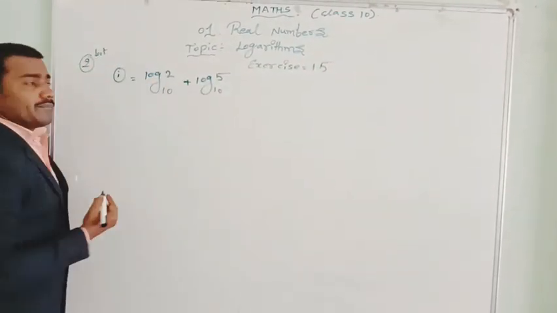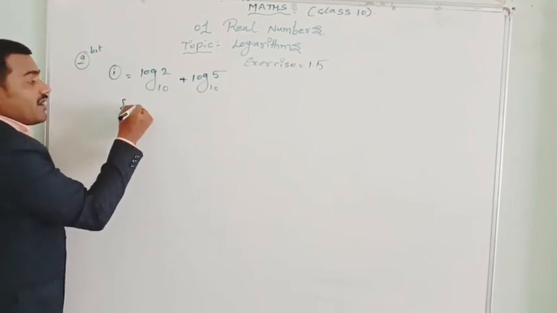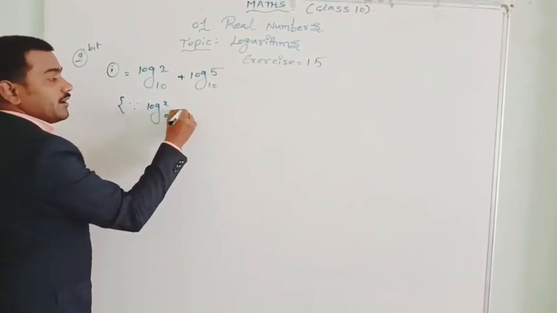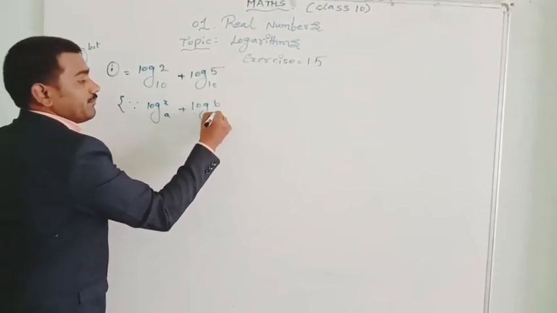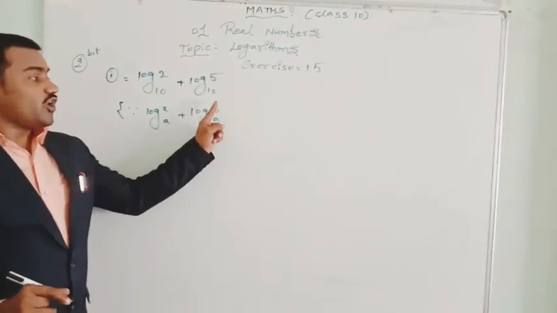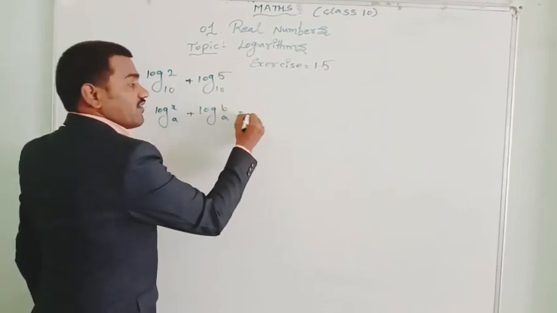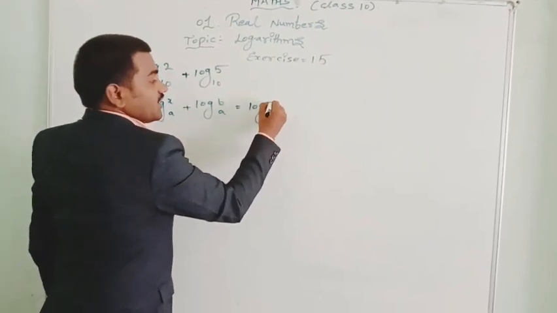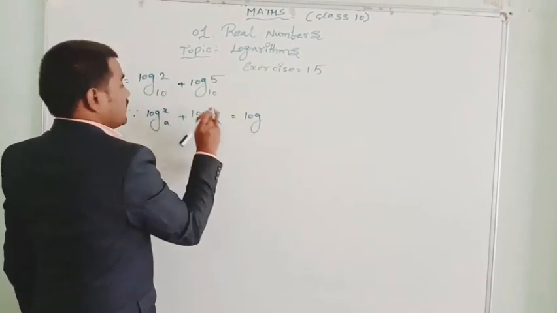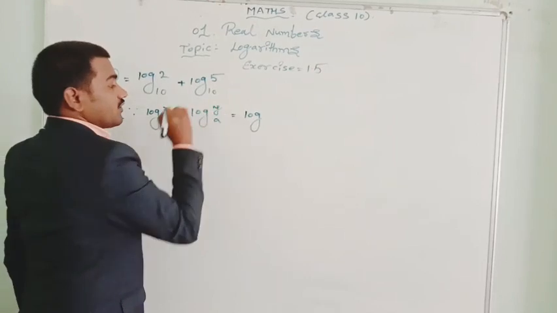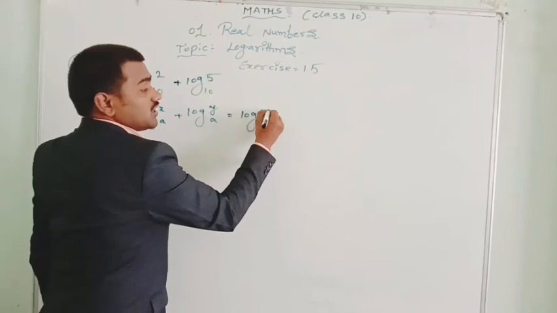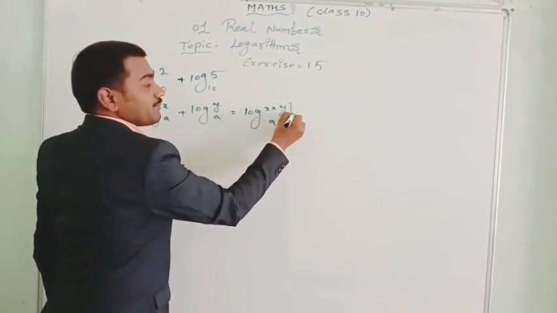Now here let's see. It is in the form of log x base a plus log y base a. It is the first formula of logarithm, that is log of a into b. Here you can use x and y: log x base a plus log y base a equals log x into y base a.